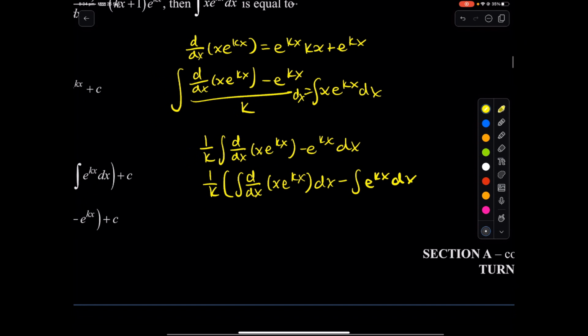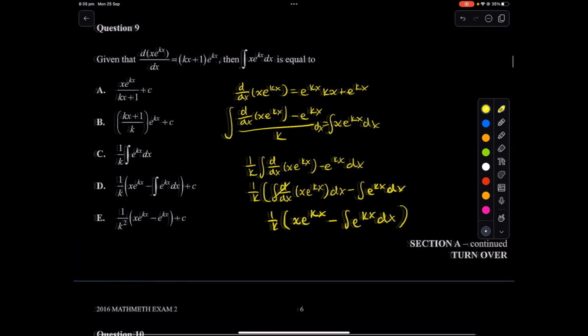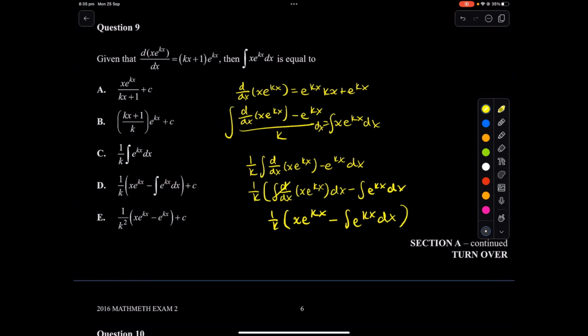So, and these cancel out. These ones over here, so it'll be 1 over k, x e^(kx) minus the integral of e^(kx) dx. Doesn't even look like this. Yes, D looks right: 1 over k, x e^(kx) minus the integral of e^(kx) dx plus c.